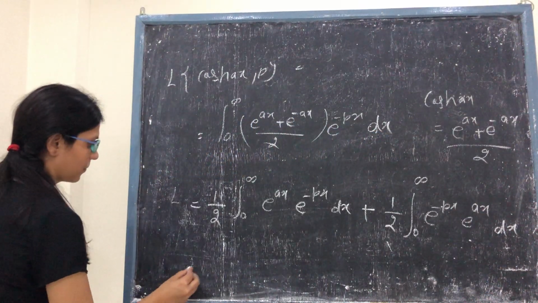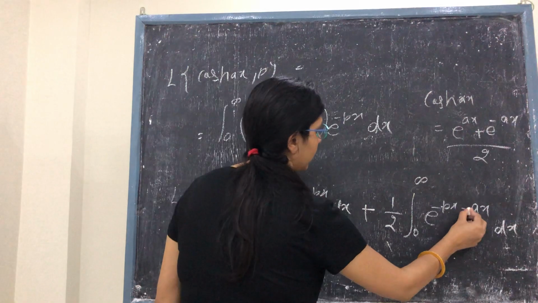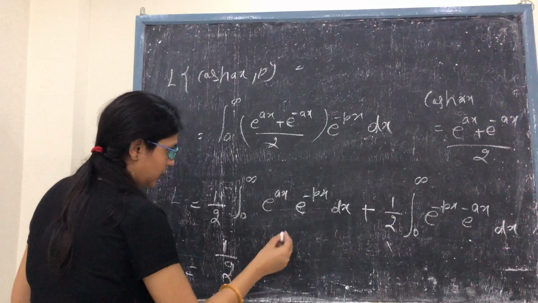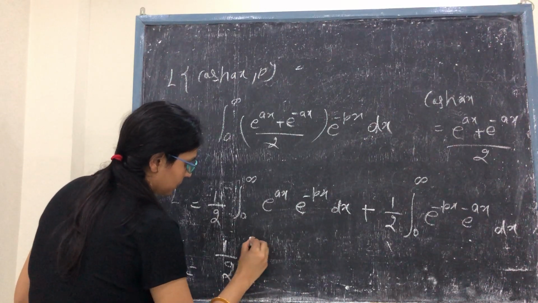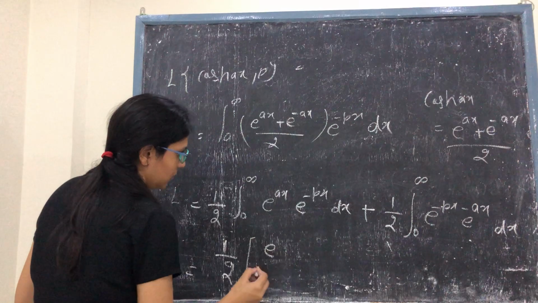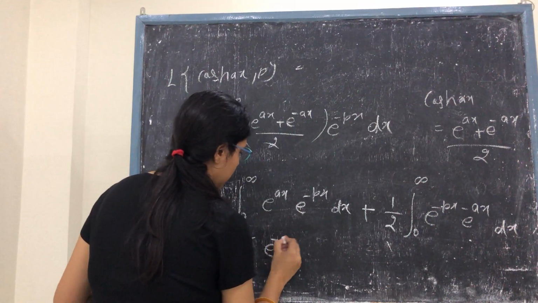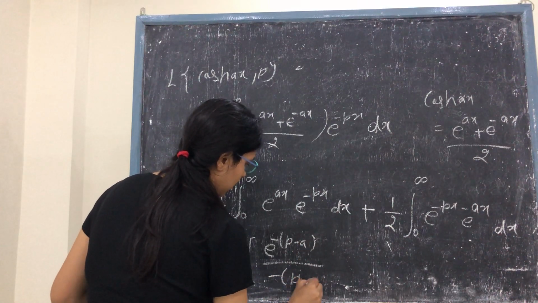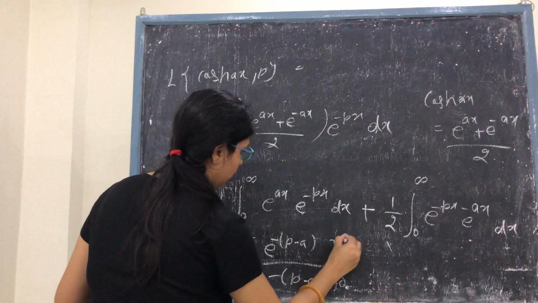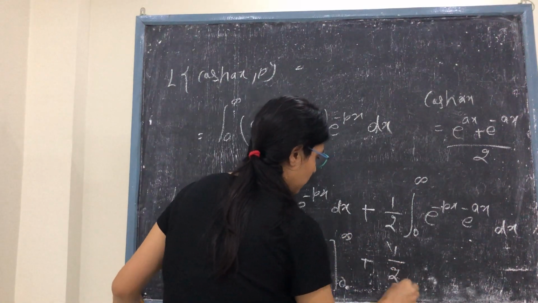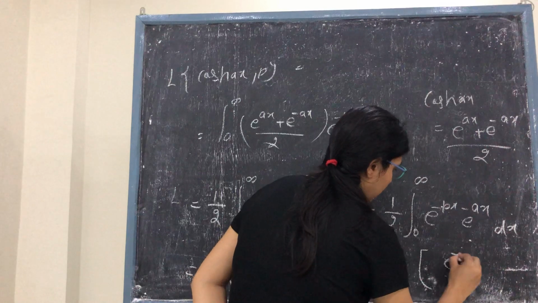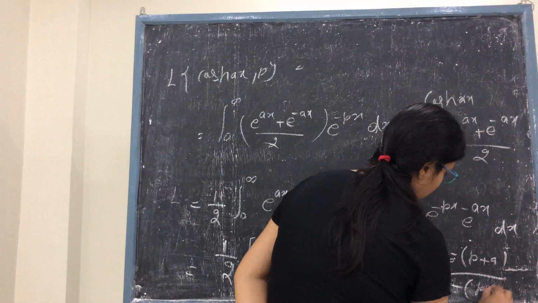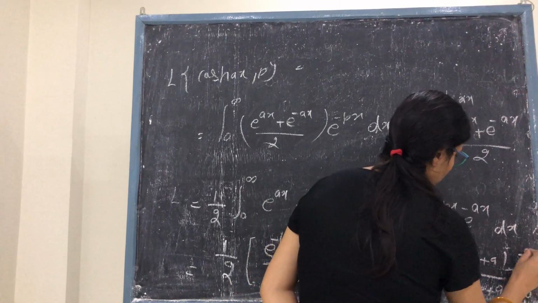Solving this, it will be 1 upon 2 times e raised to the power minus (p minus a) x over minus (p minus a), from 0 to infinity, plus 1 upon 2 times e raised to the power minus (p plus a) x over minus (p plus a), from 0 to infinity.